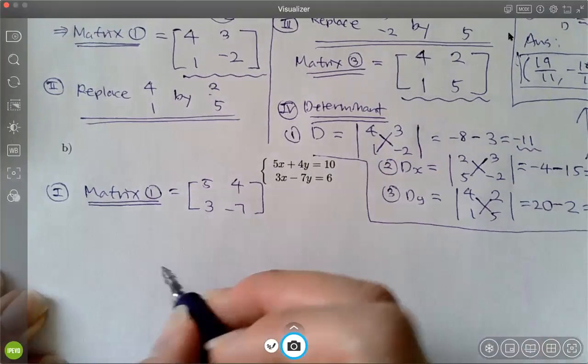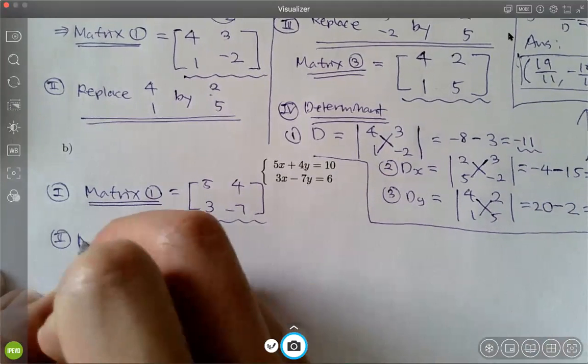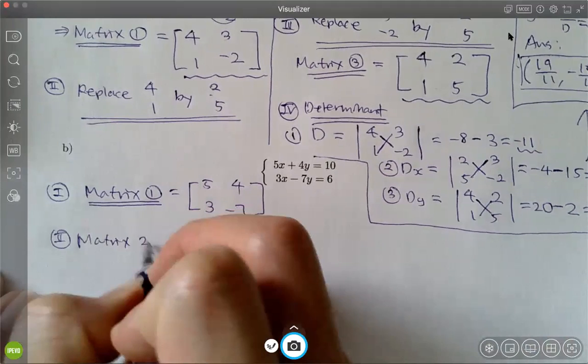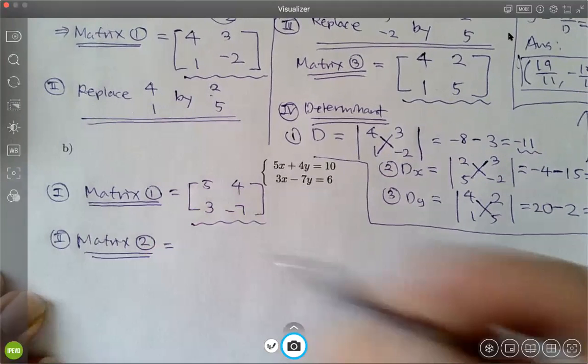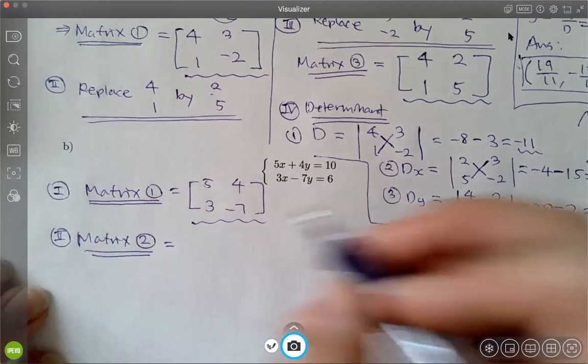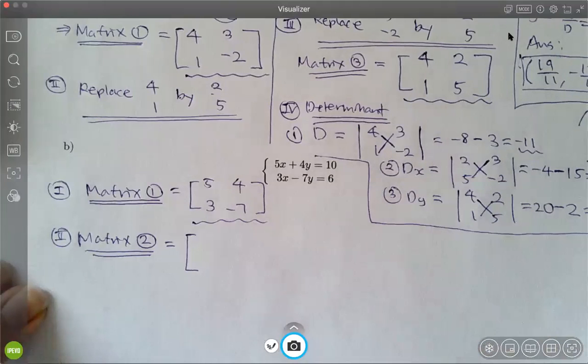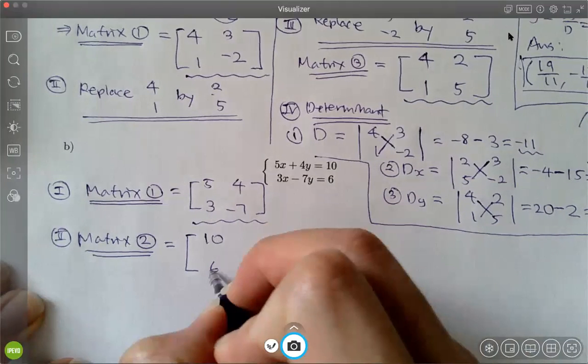That's matrix number 1. And now, what is matrix number 2? You replace the first column of matrix 1 by what's on the right, which is 10 and 6, right? So what do you get? 10, 6, and then 4, negative 7, right?